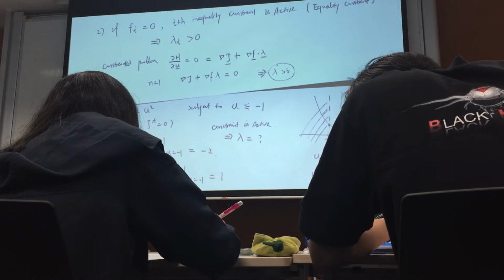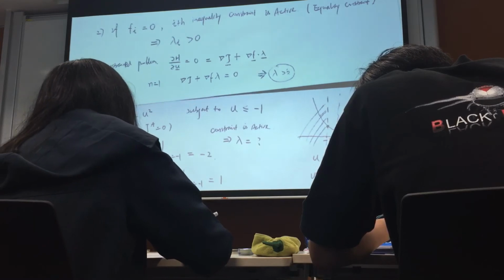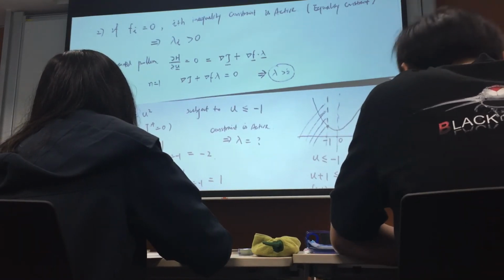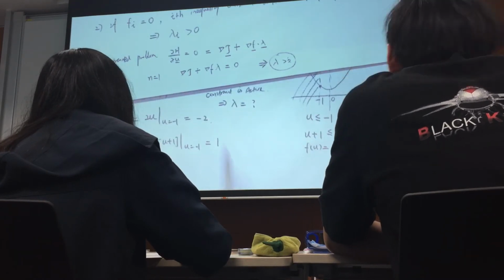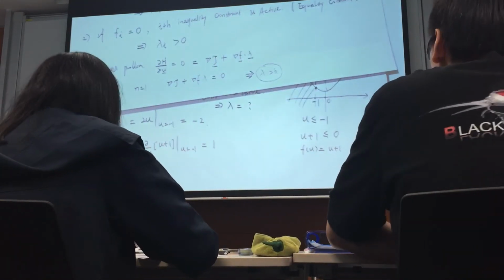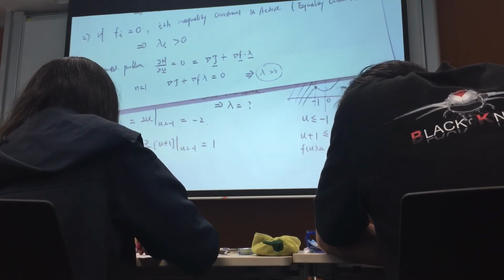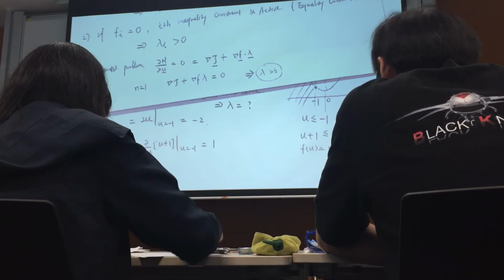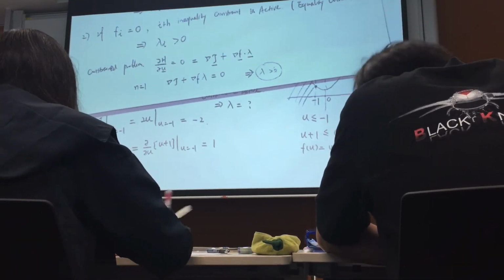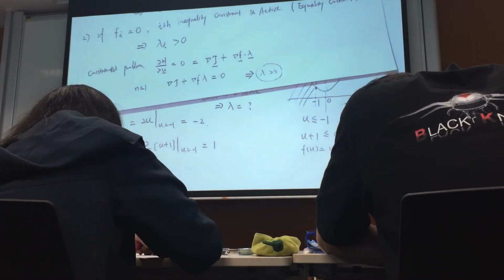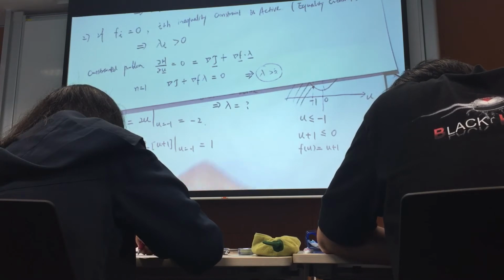So in this equation, we know delta J plus delta F multiplied by lambda is equal to 0. We know this condition from the necessary condition derived in our last lecture. So we just put the delta J and the delta F into this equation.